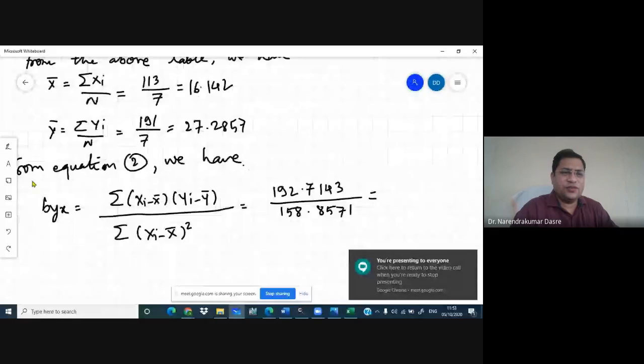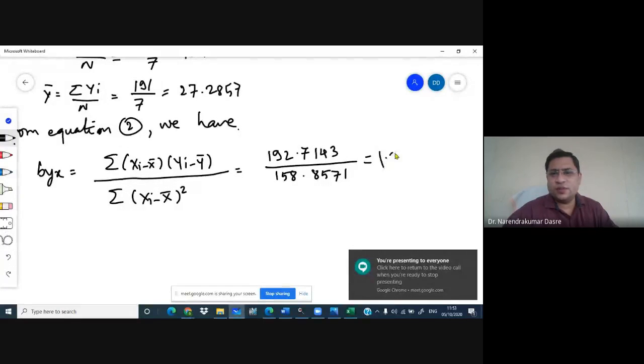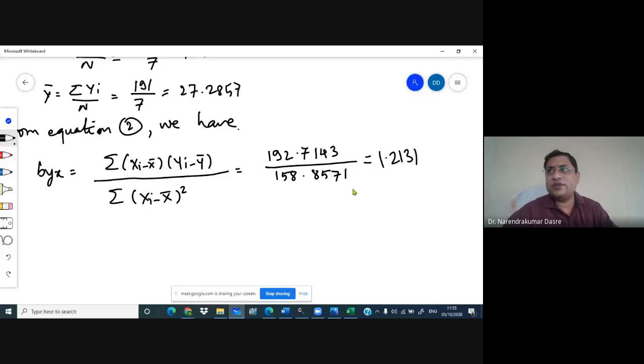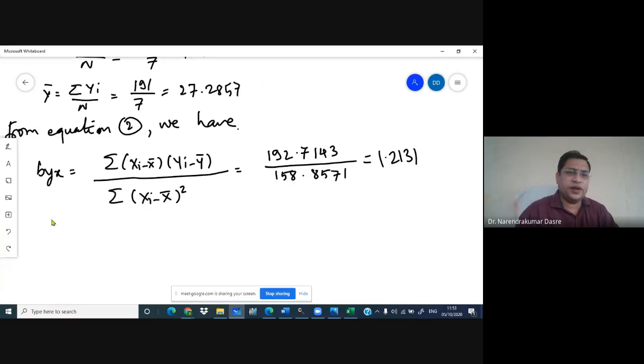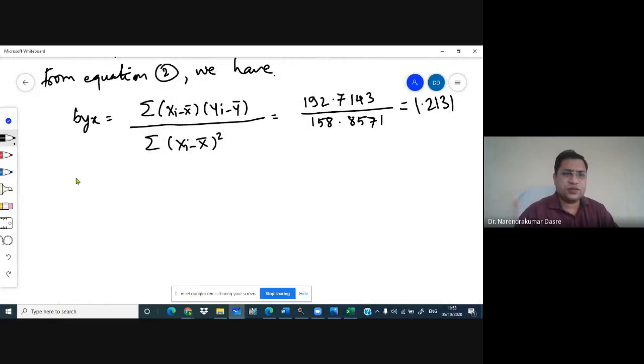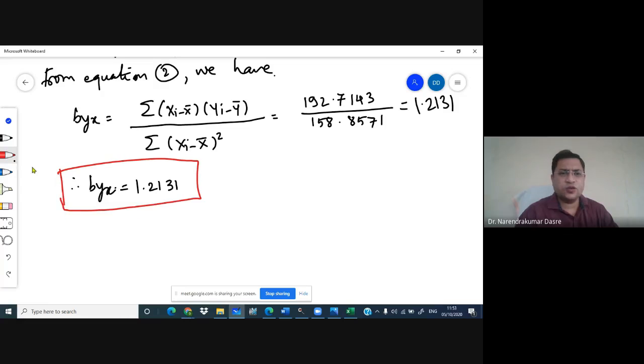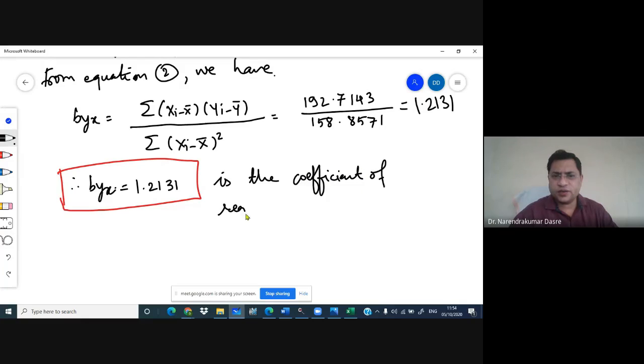So we have byx equal to 1.2131. This is the coefficient of regression.